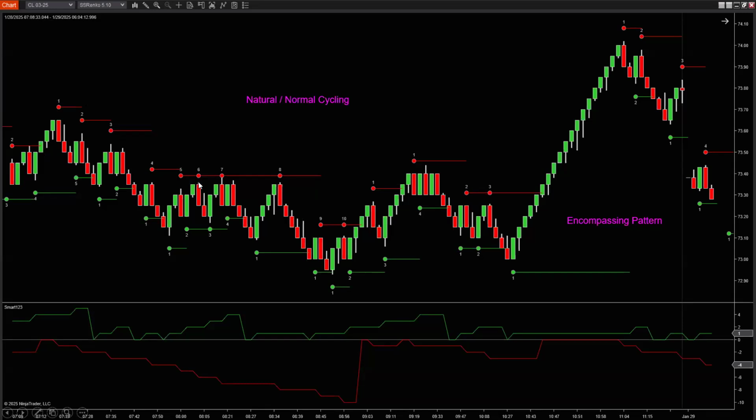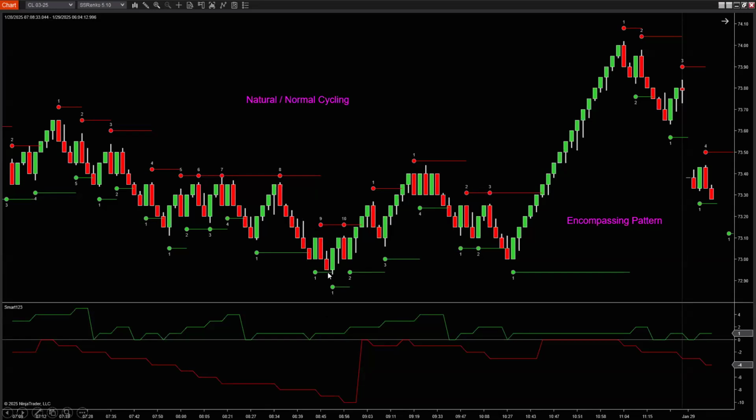And here it starts again, and you get two legs going down, and you can see going down here on Smart 1-2-3, giving it that fudge factor of 5 ticks. And there are 1, 2, 3, 4, 5, 6, 7, 8, 9 cycles before it goes back up the other way.